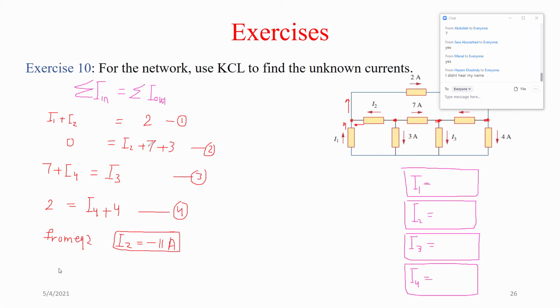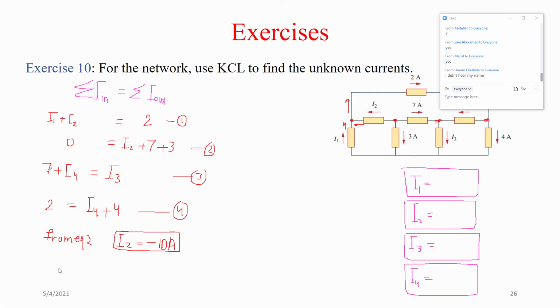Why did I say 11? 10, right? 7 and 3 is 10.